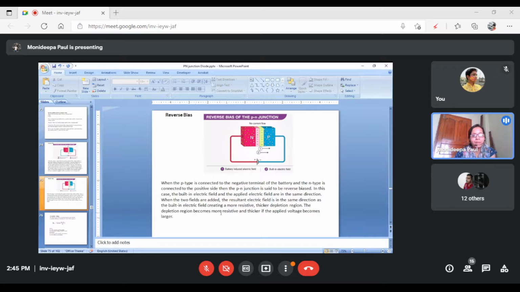The depletion region becomes more resistive and thicker if the applied voltage becomes larger. If you increase the voltage, the resultant voltage will be larger and the depletion region will increase.